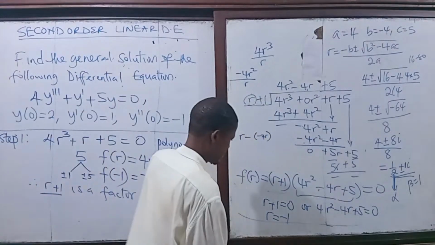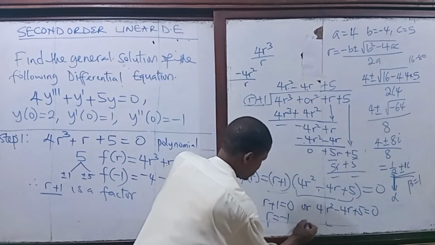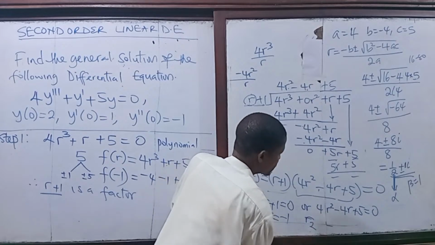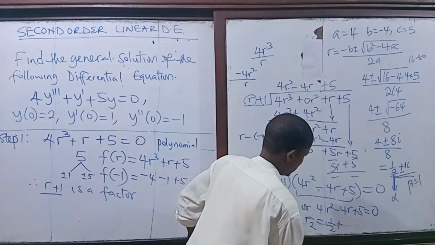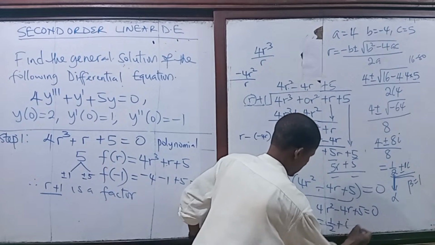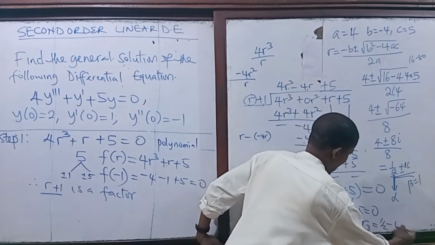So we can say this is r1, r2 is alpha plus i, and r3 is alpha minus i.